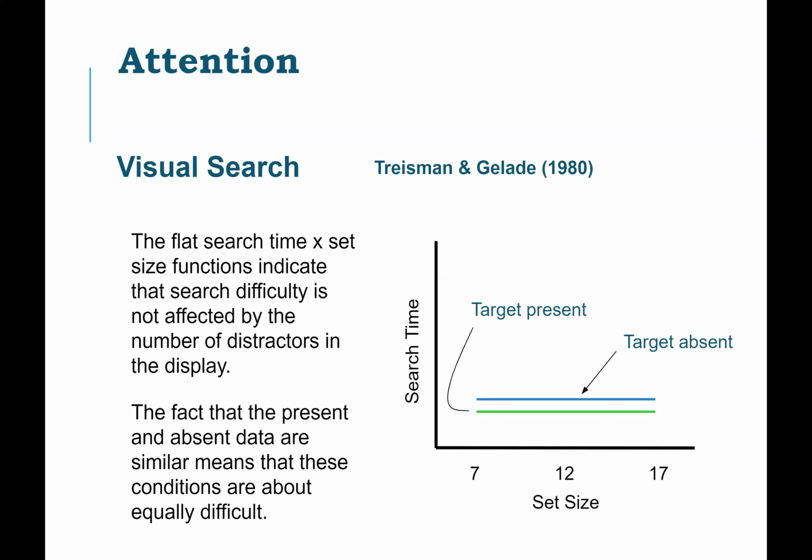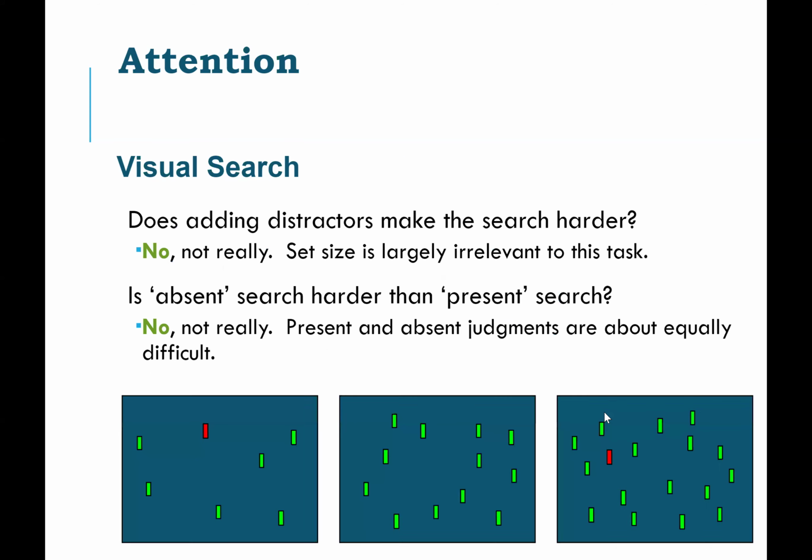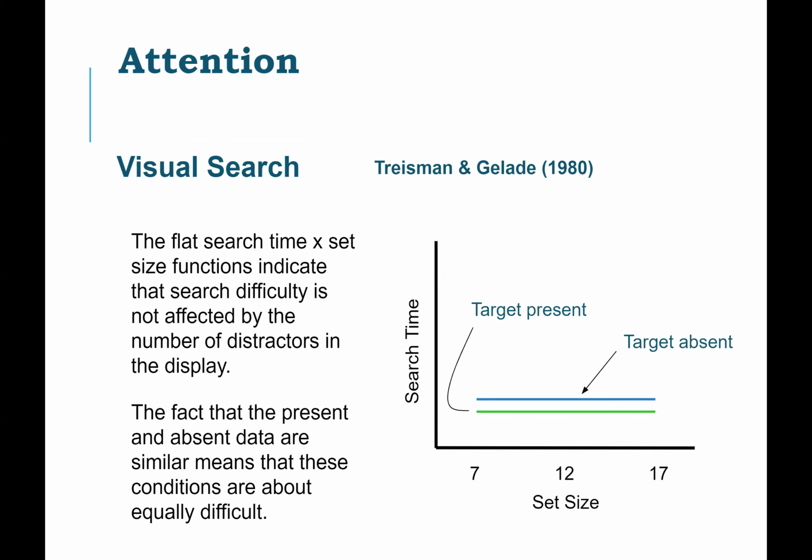So if you plot the search time based on the set size, you could see that the target absent and target present conditions are very close to each other. As you increase the number of distractors and the total number of objects in the display, the search time stays flat, right? If you go back here and even add more green vertical bars, it's not going to increase your search time.